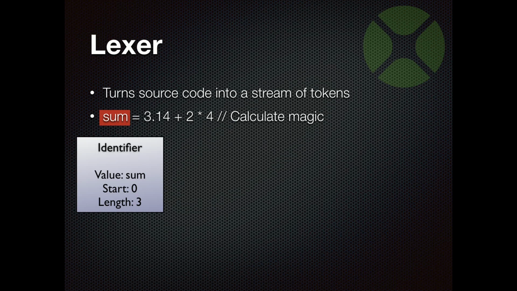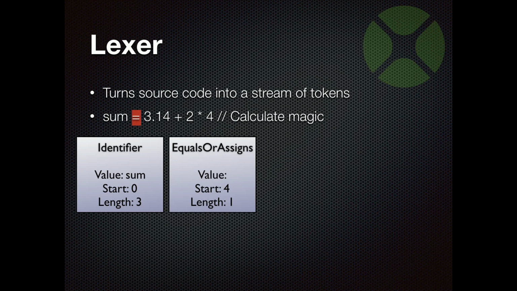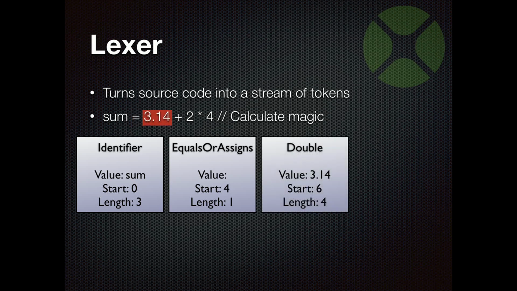We have a value that is identified as a double, and its value is noted as 3.14, and its position. Another operator is found and tagged, and another, in this case an integer, is found in the list, the multiply operator, and then the last integer. So this is all put together and separated out so that the parser now gets that information.